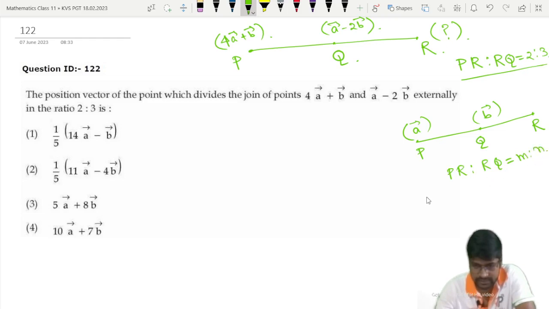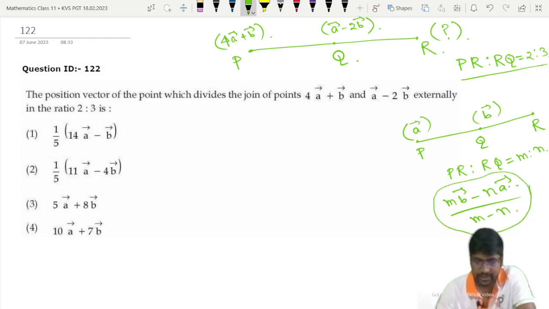Then the position vector of R will be equal to (mb minus na) divided by (m minus n). That will be the position vector of R.